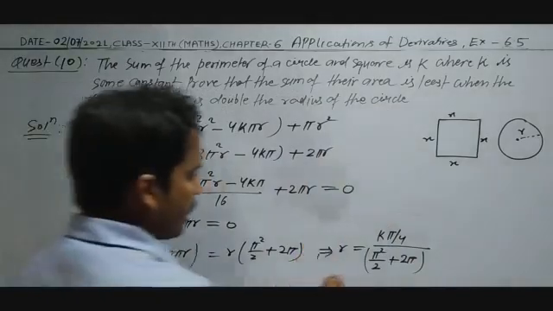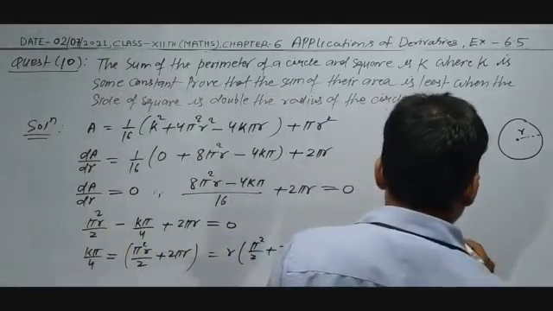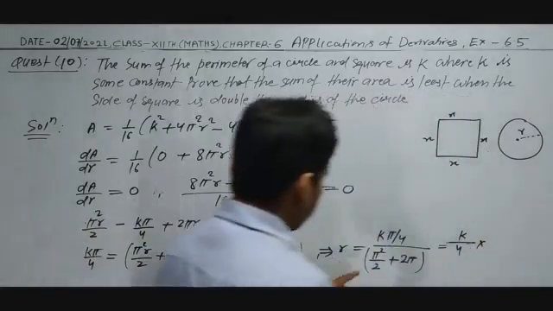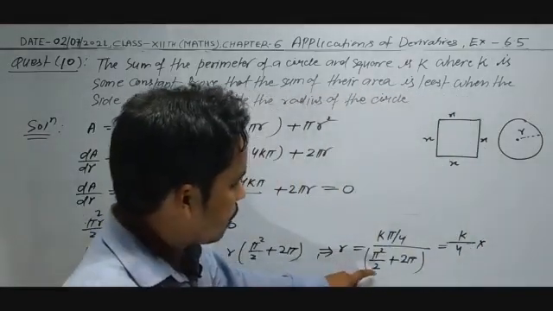K term will cancel out, a pi term will cancel out, and result will be k by 4 into 2 upon pi plus 4.